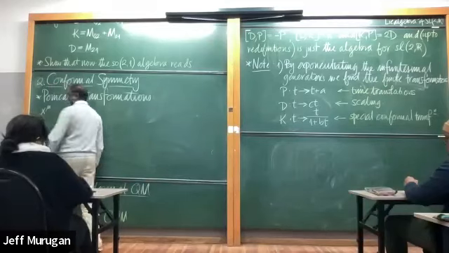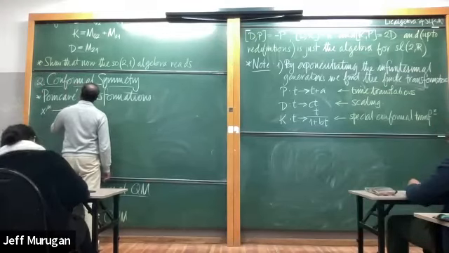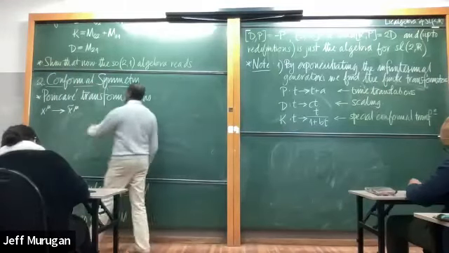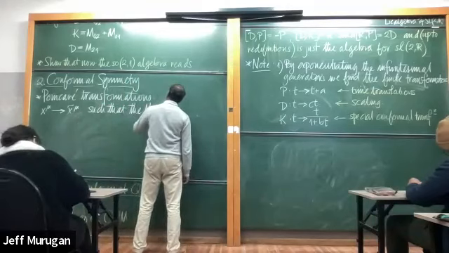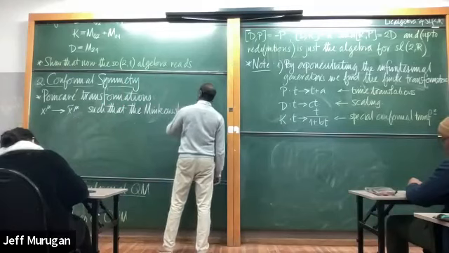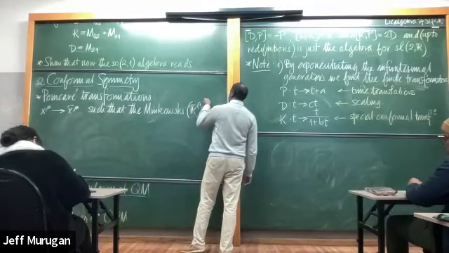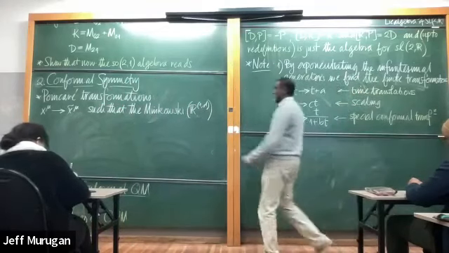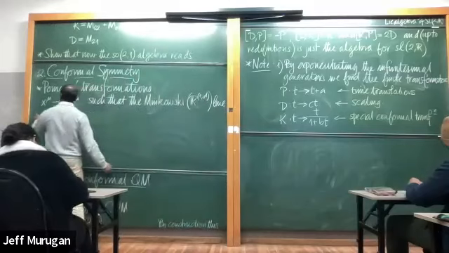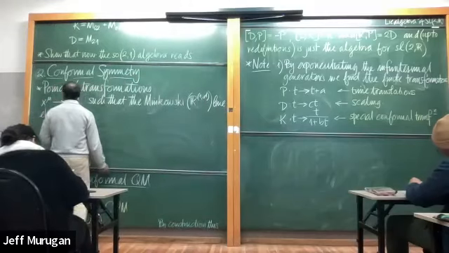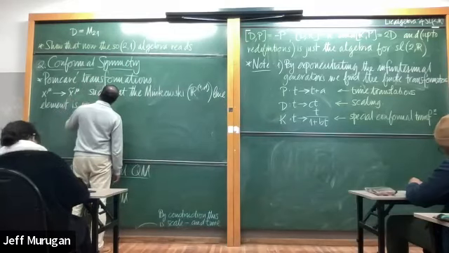Under Poincare transformations in D dimensions, capital D dimensions, we're talking about transformations that take x mu to x mu tilde, where I'm talking about R^{1,d}, where little d plus 1 is capital D, such that the Minkowski line element is invariant.